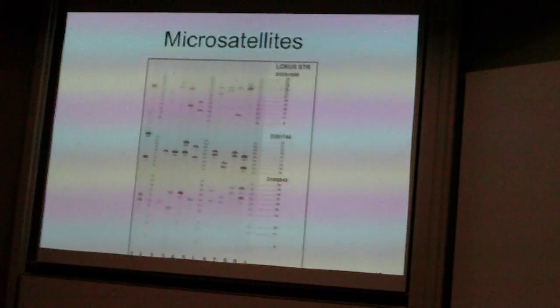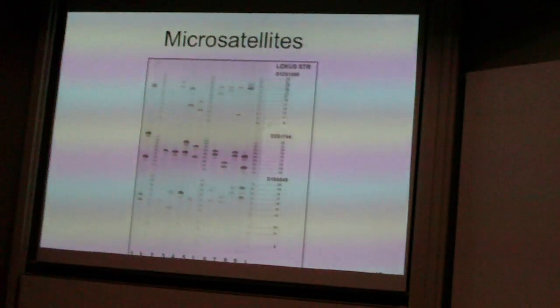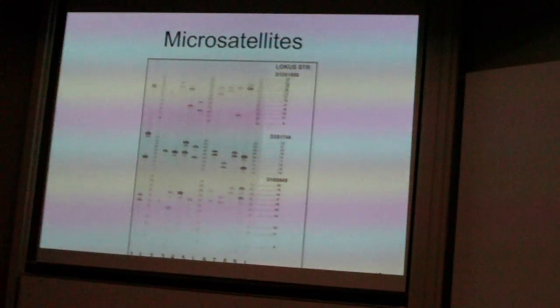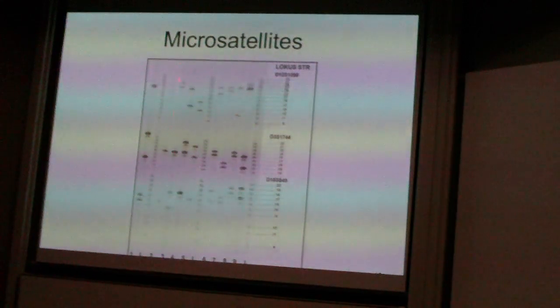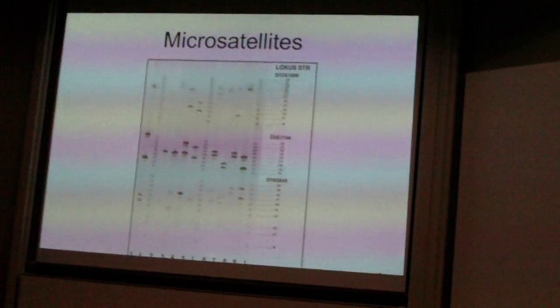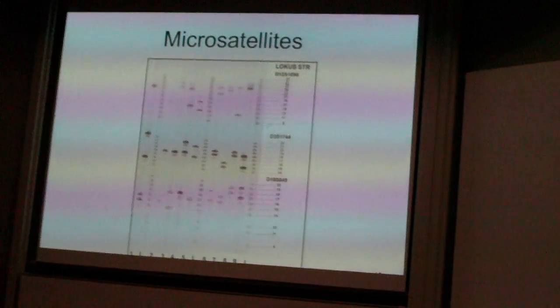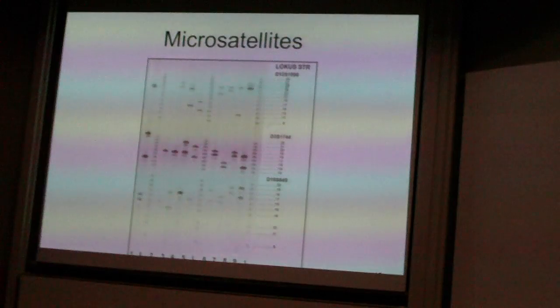This is an example with an SDS page amplification of these STRs. So here you can read these alleles in different individuals. And here they have amplified 3 different of these STRs, or these regions where you have this amplified sequence.